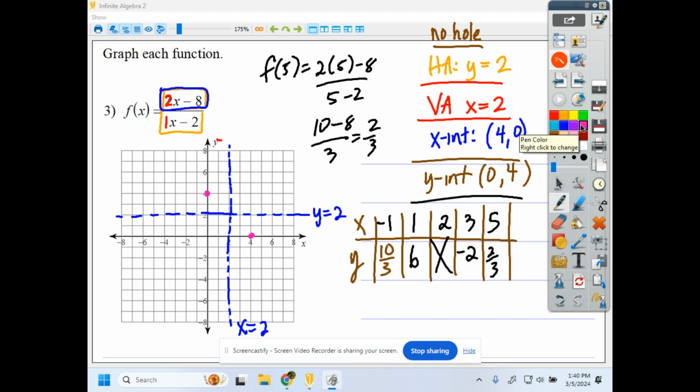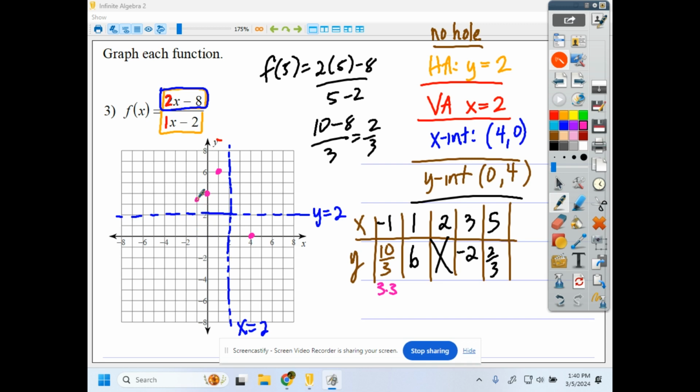Let's plot it now. 1, 6. Negative 1, 10 thirds. 10 thirds is approximately 3.3. So negative 1, 3.3 right here.